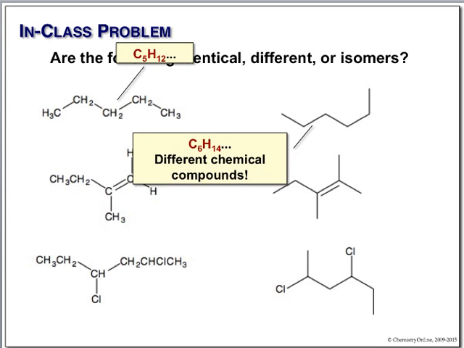Our first compound here, C5H12. This is C1, 2, 3, 4, 5, 6, H14. Those are different chemical compounds.